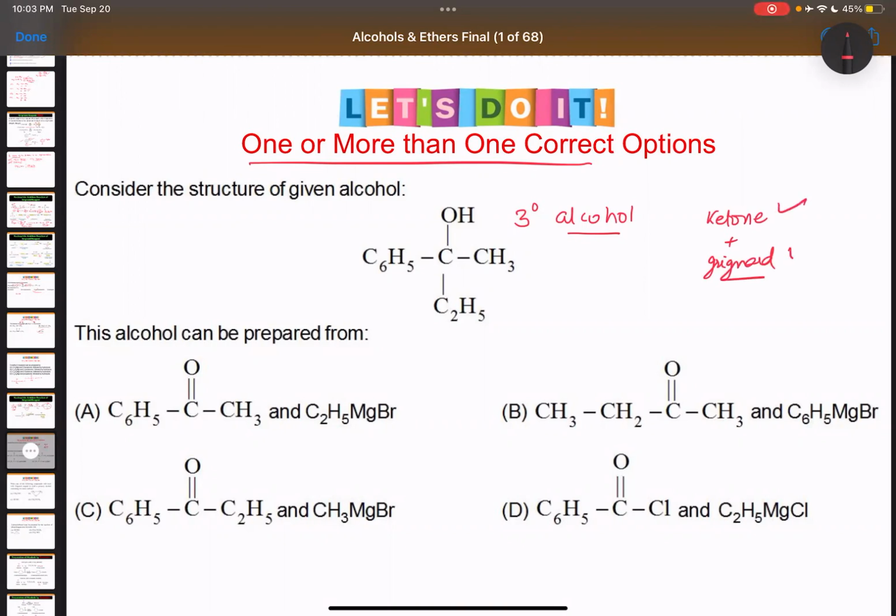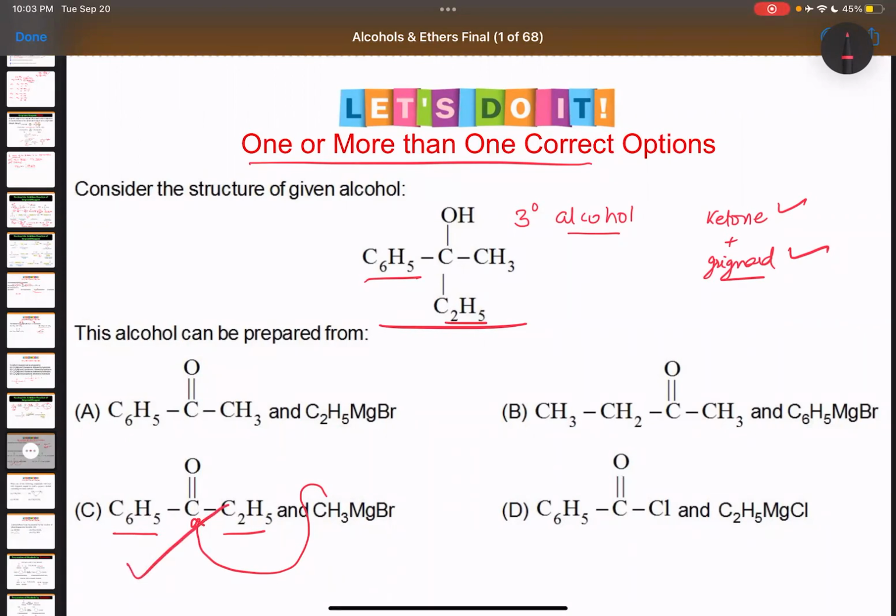So which ketone and which Grignard will you take? Sir, is it C? It is more than one, C? Correct. See, you have a phenyl group, an ethyl group, and the methyl you brought in with the help of the Grignard, correct.